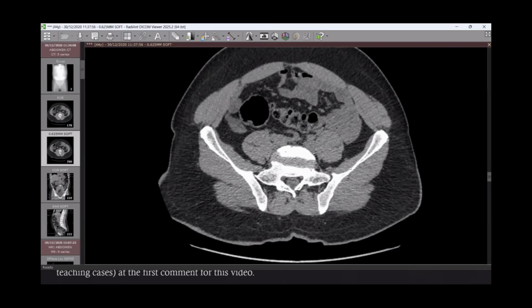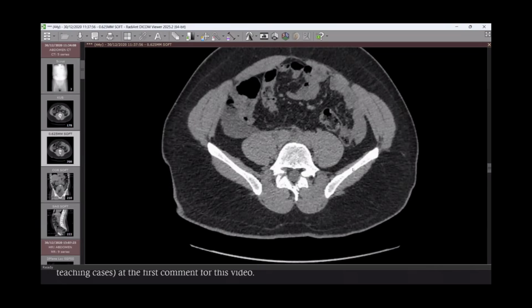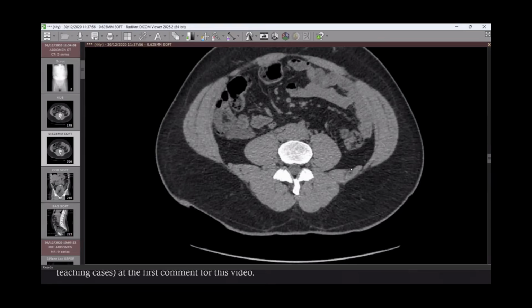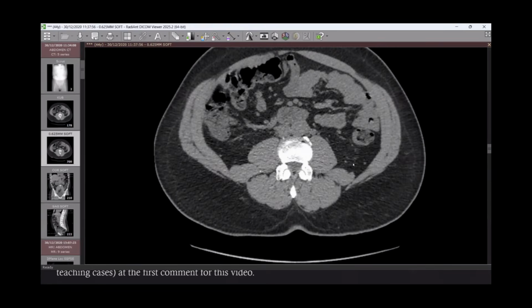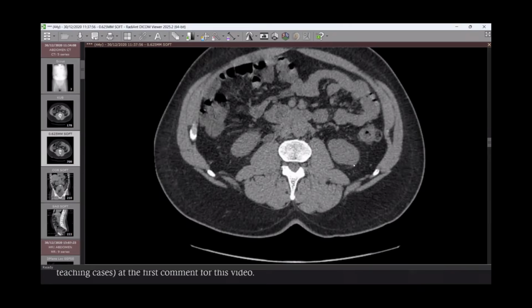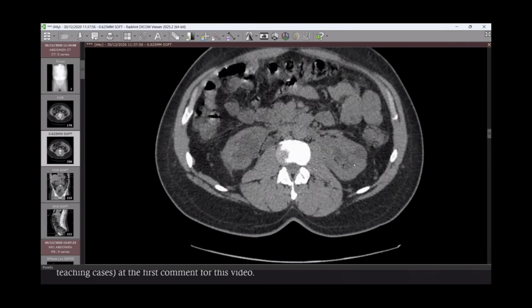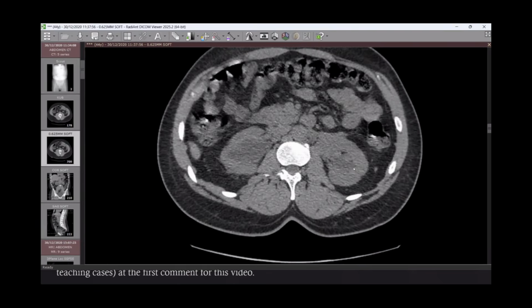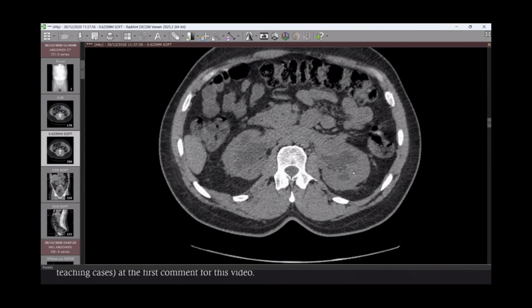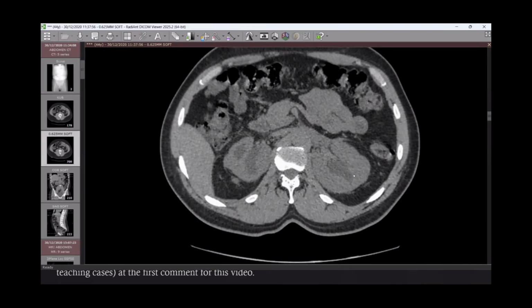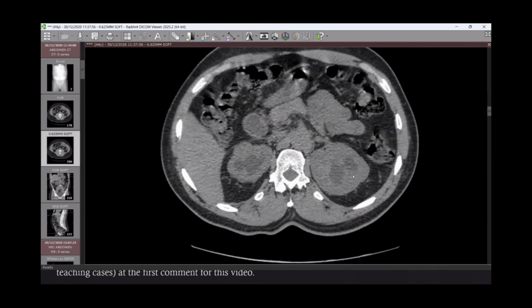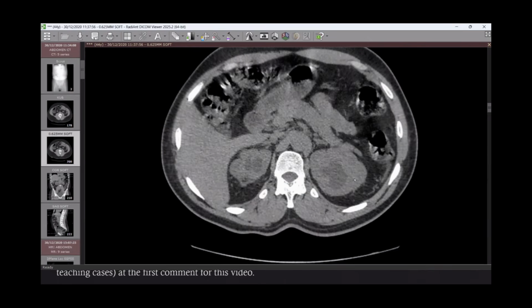So I can see the bilateral kidneys show some hydronephrosis. However, I do not see any hyperdense calculi. There is some perinephric fat stranding also noted.